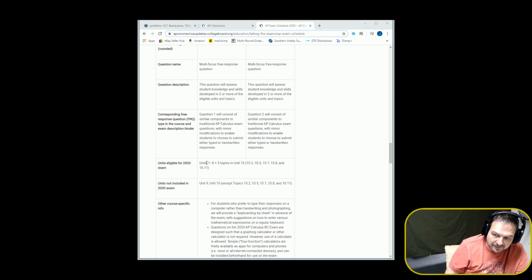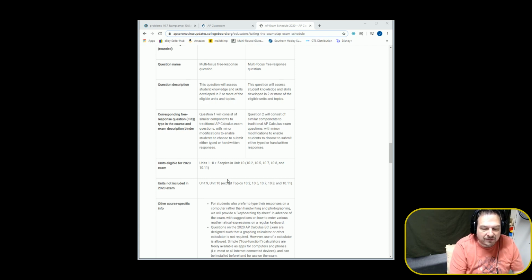Here, if you remember, these are the objectives. We looked at it a couple weeks ago, where you could find those and exactly what those mean, and everybody read them and stuff like that. Remember, it does not include polars and parametrics, and it doesn't include a lot of the series and sequence stuff, only the stuff that we're working on now.